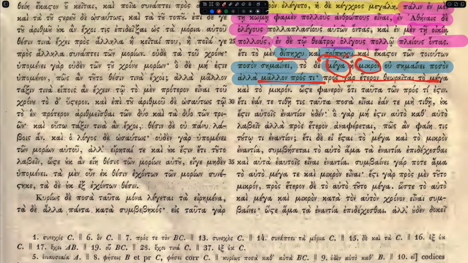Heteron anaferetai. Bosan fae tistutoi dienantion. So how can we say this is contrary, right? It's like a rhetorical question here. How should we say that this is a contrary?